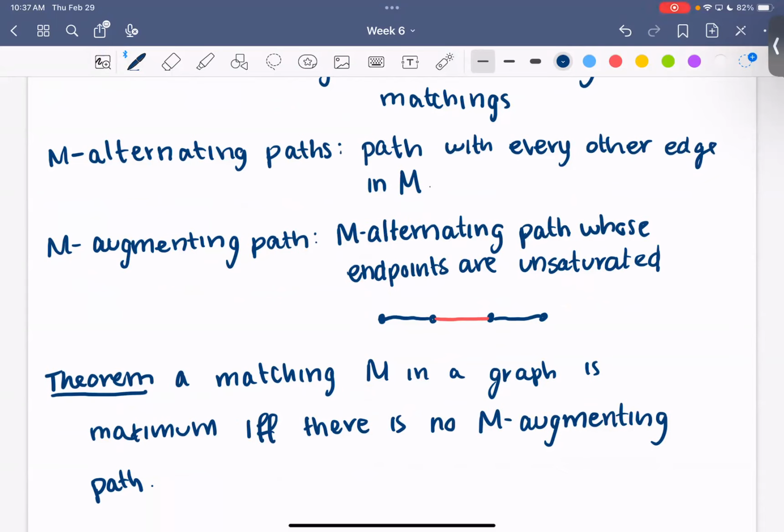Does this make sense just on an intuitive level why this would be true? What about the backwards direction for this one? So if there's no M augmenting path, then why is it maximum? I did not prepare a proof, but we could look at it.